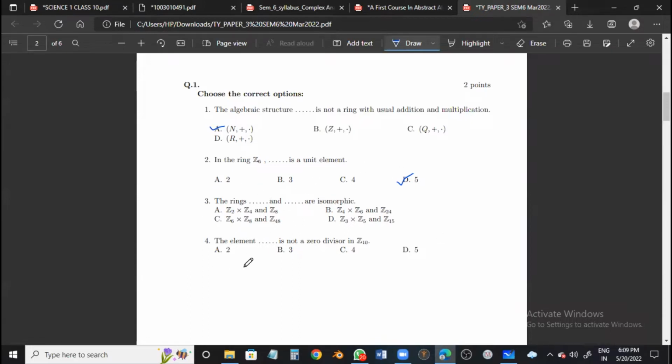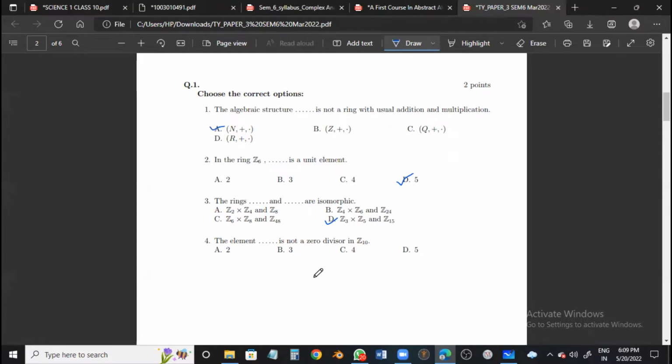So in this case, which rings are isomorphic? D is the correct answer because 3 and 5 are relatively prime. So 3 times 5 is 15.